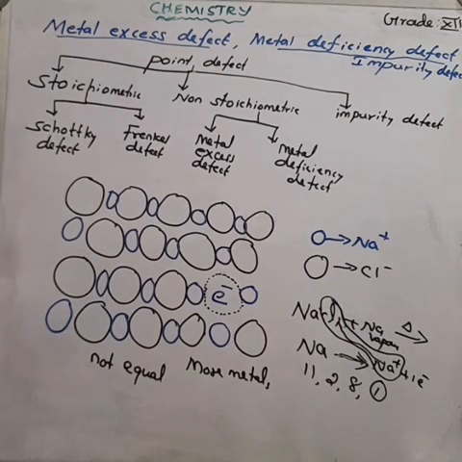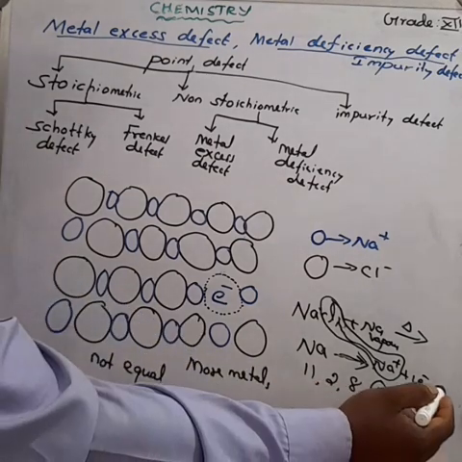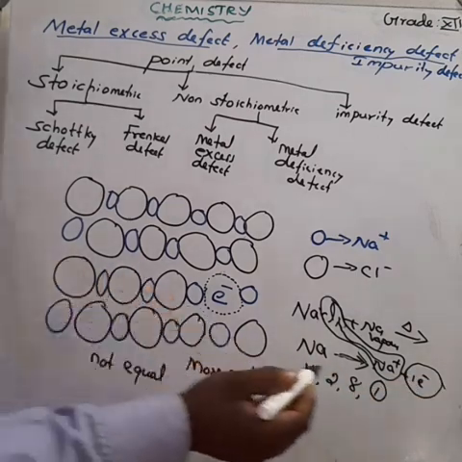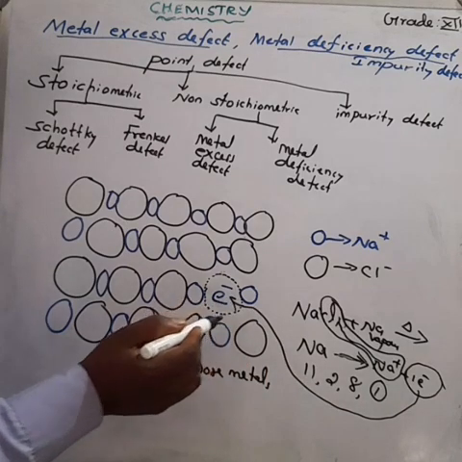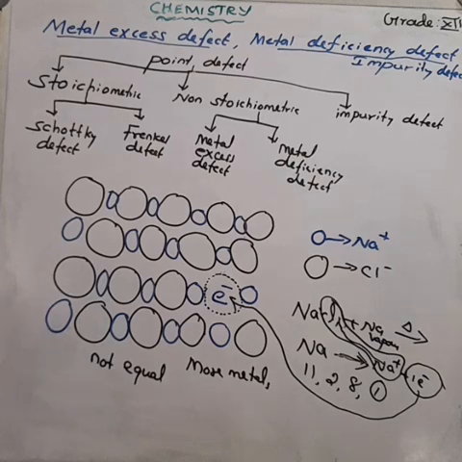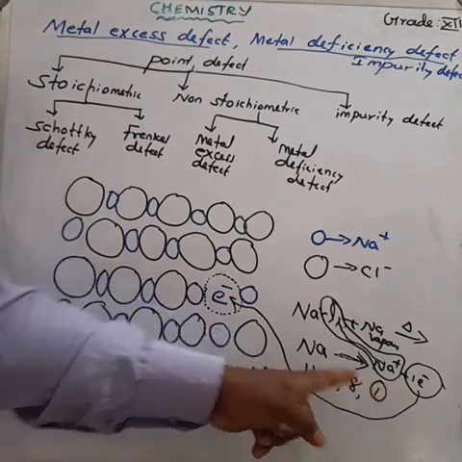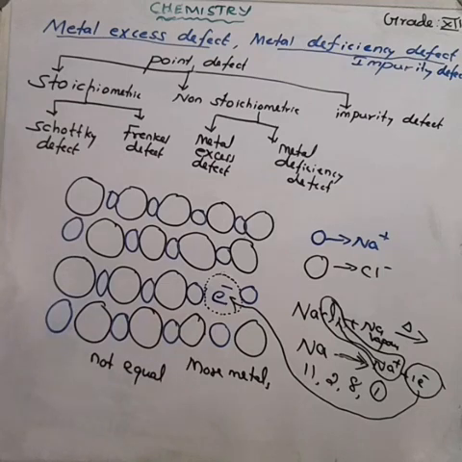Here, the sodium loses 1 electron. The electron lost by the sodium vapor diffuses into the crystal lattice and occupies a vacancy created by the chloride ion. So the electrical neutrality of the crystal is maintained.